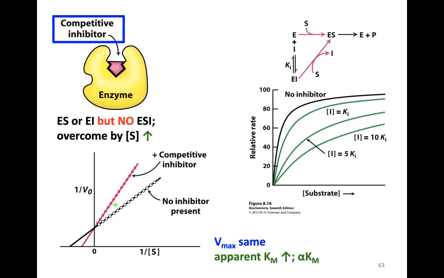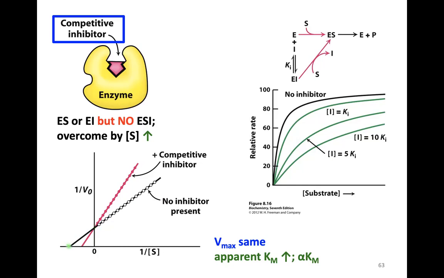Now, this is where the Lineweaver-Burk plot is quite beautiful. Remember, this is a double reciprocal plot. We're plotting 1 over the initial reaction velocity against 1 over the substrate concentration. Recall from a few slides back that the y-intercept is 1 over Vmax.